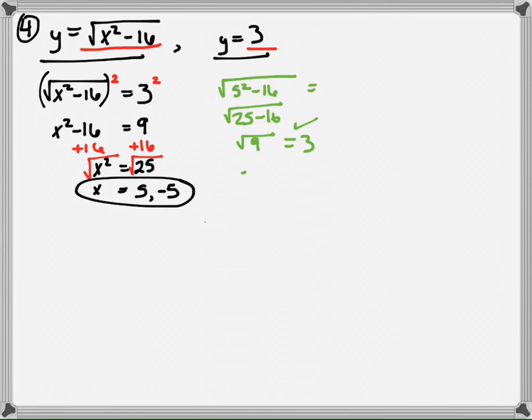Yes. Now let's check the other one. Let's see what happens if I have a negative 5. I'm squaring, minus 16. Well, negative 5 times negative 5 is 25. So at this point, I can see that I am not getting any different numbers, and so I didn't have to go any further. So these both work out. So they are both solutions.